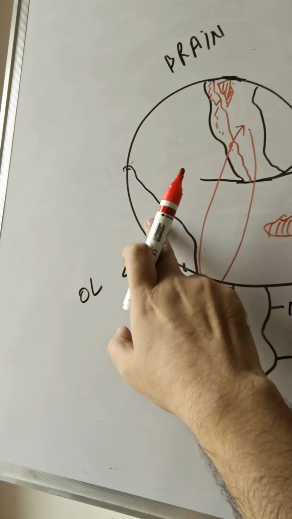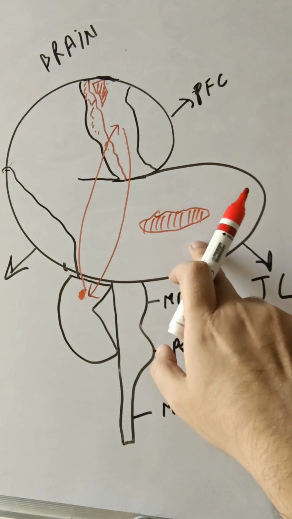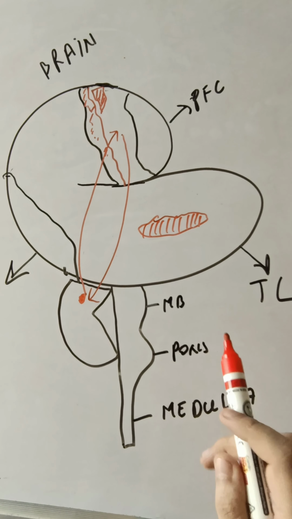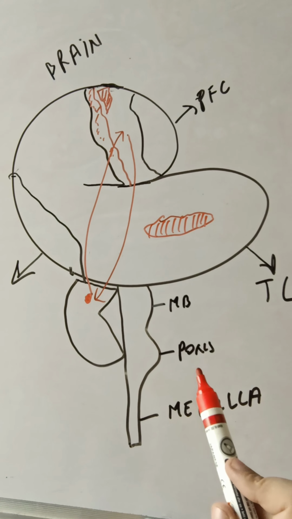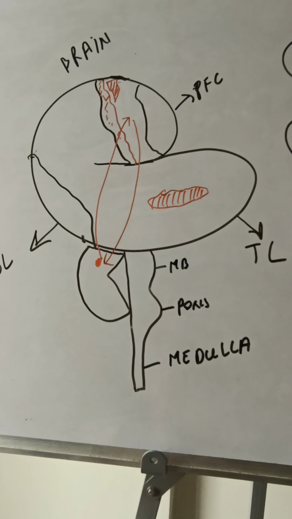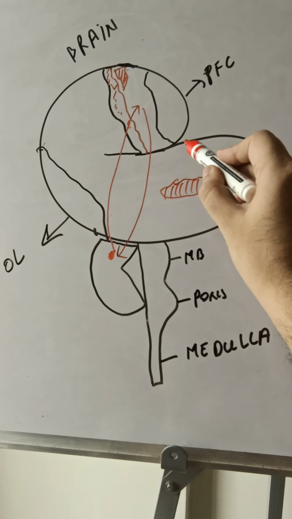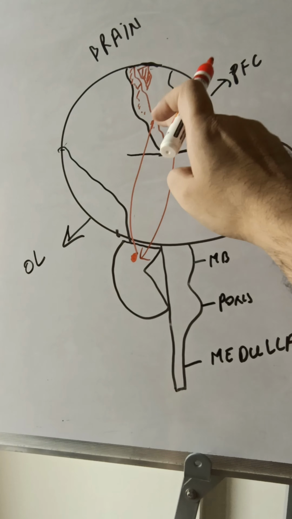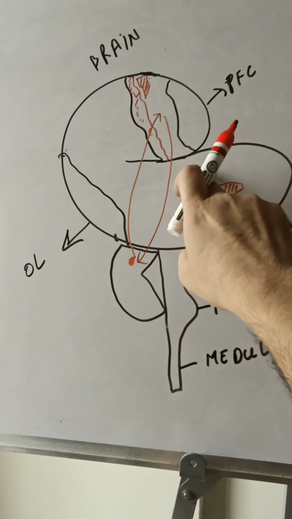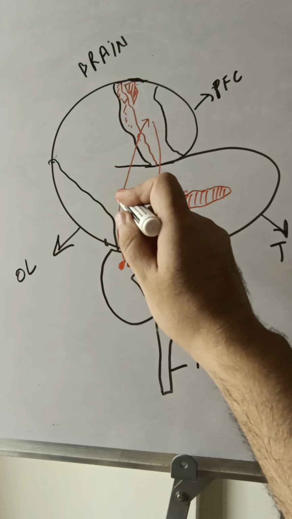This is the occipital lobe, and this is the temporal lobe. This is the cerebellum, and this is the midbrain. This is the pons, and this is the medulla. I made it as simple as I can, but the diagram is okay. This is the lateral sulcus that divides the parietal lobe and the temporal lobe, and the prefrontal lobe and the temporal lobe. So you can see the division that's happening here.